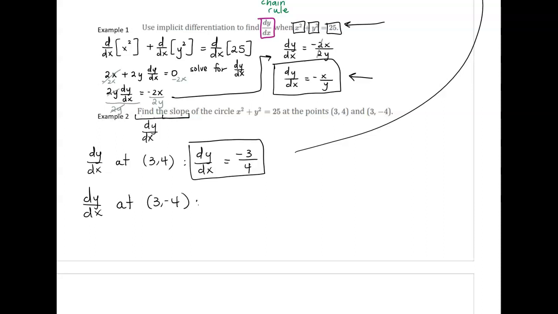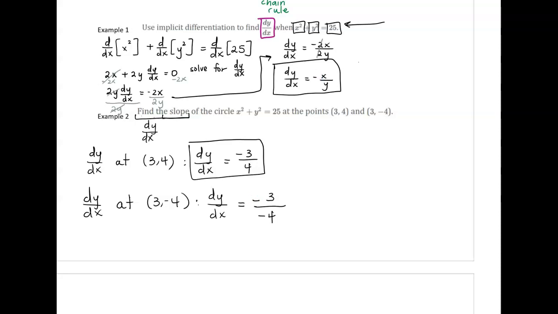Now let's go on to find dy/dx at the point (3, negative 4). So this time we're doing the same thing, except we're still plugging in 3 for x, but now we're plugging in negative 4 for y. And we're plugging into here what we found for dy/dx. So we have negative 3 over a negative 4. And this negative, mind you, is the negative that was already there.